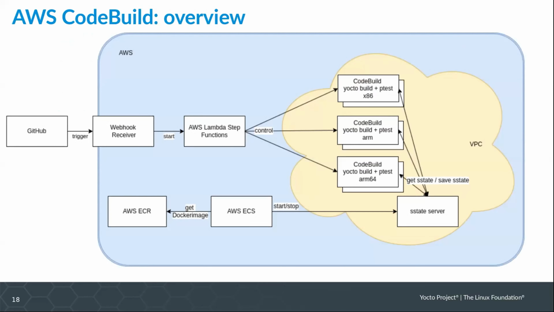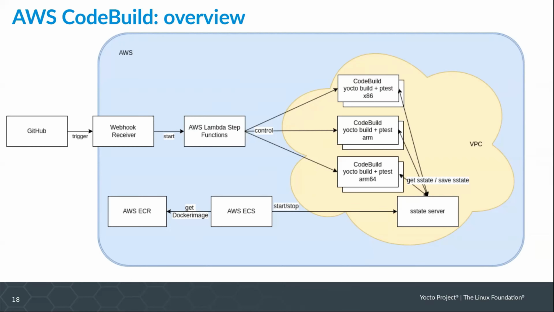What's AWS CodeBuild? CodeBuild is something like a GitHub runner. So it's a service that uses some source code, is triggered, spins up a Docker container, runs that build, and gives some kind of feedback, some results, some build artifact, or just an okay.